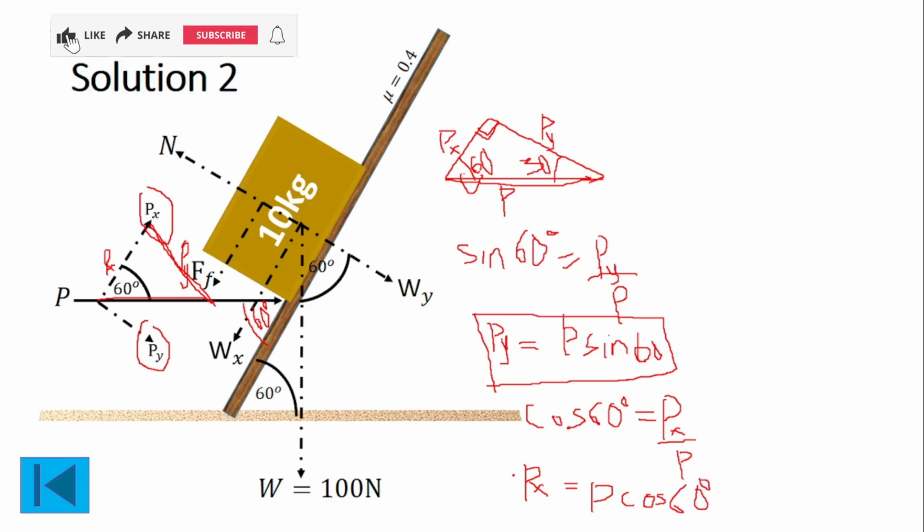See? So now we have seen what P sub x is and what P sub y is.